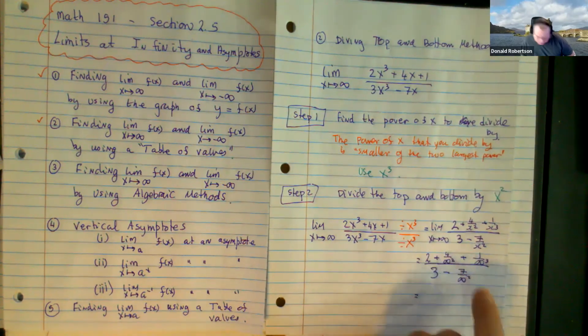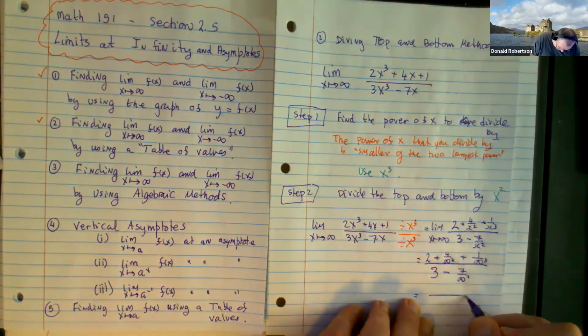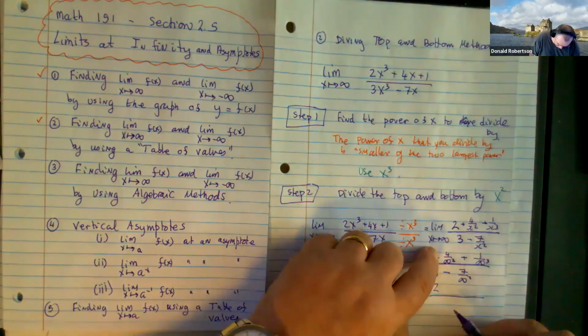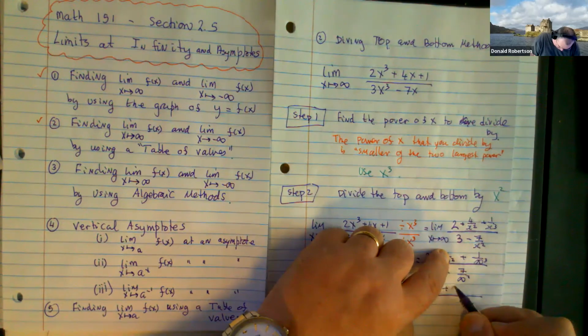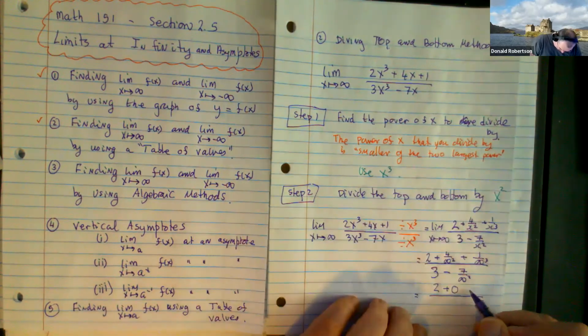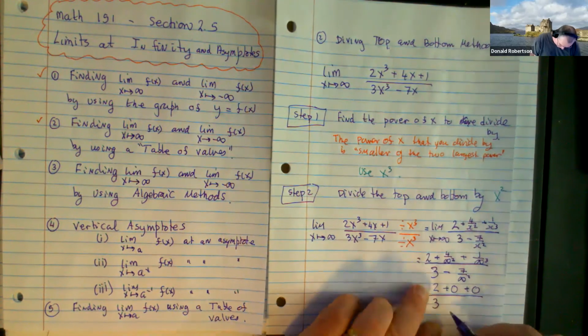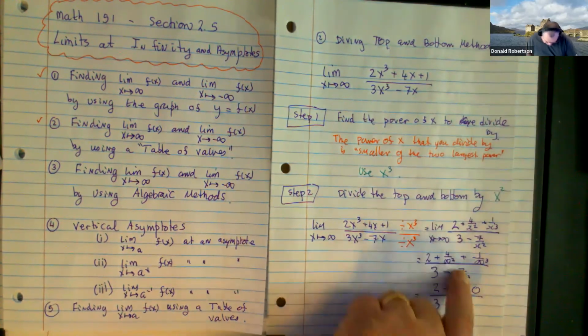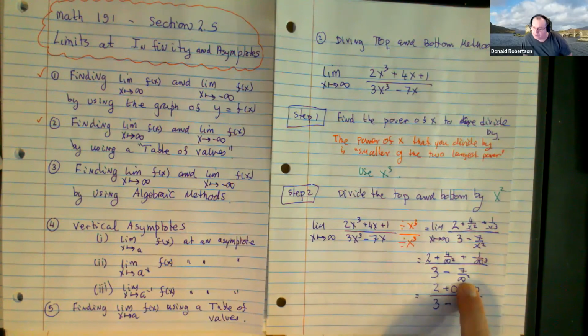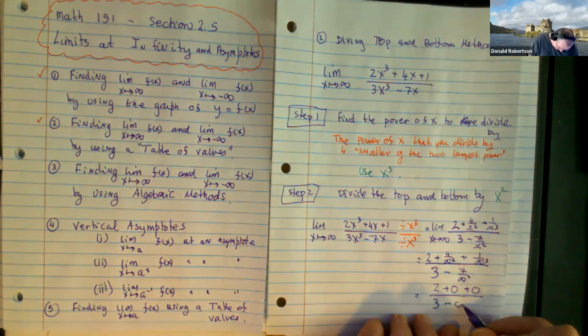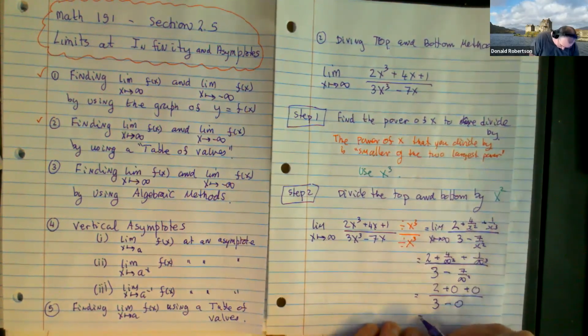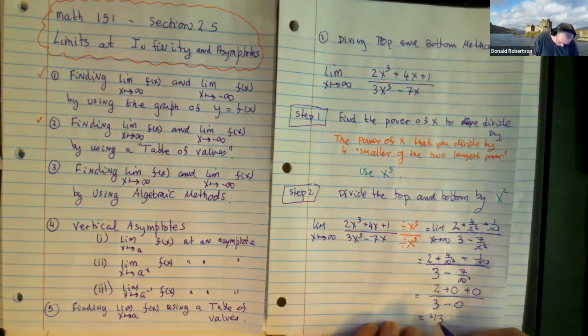Algebra with infinities. So 4 over infinity squared gets you nothing, and 1 over infinity cubed also gets you nothing. And on the bottom, we have a 3. Take away, isn't 7 over infinity squared also going to get you nothing? So the answer is 2/3.